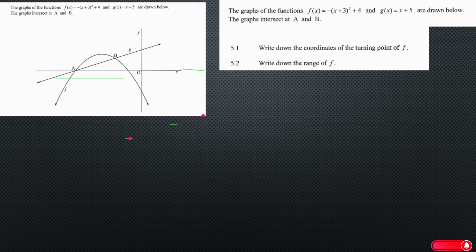So if they come to you with such questions and ask you to write down the coordinates of the turning point of f, then you have to think about the values where your f of x turns, and you can't actually jump and say that this is the value.